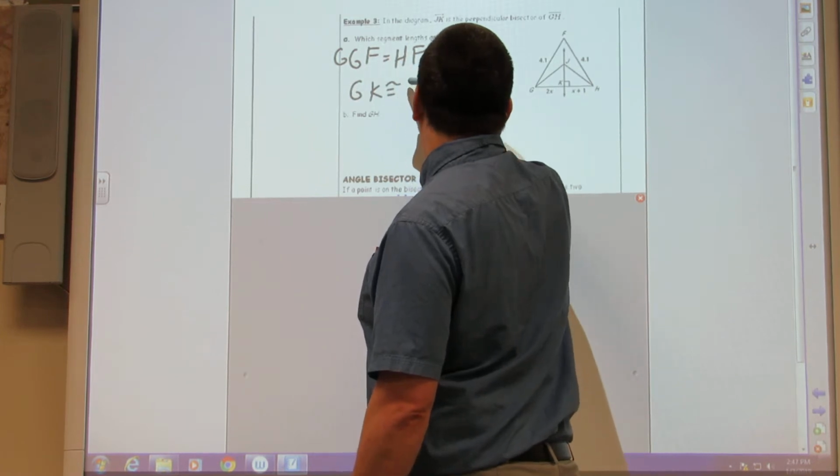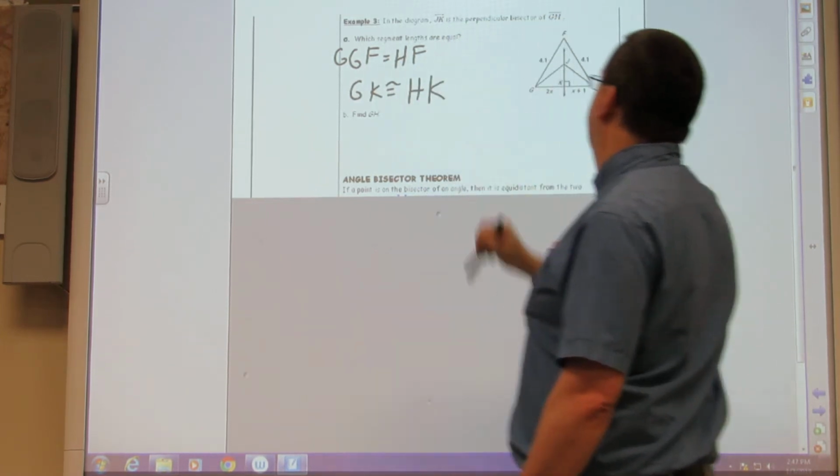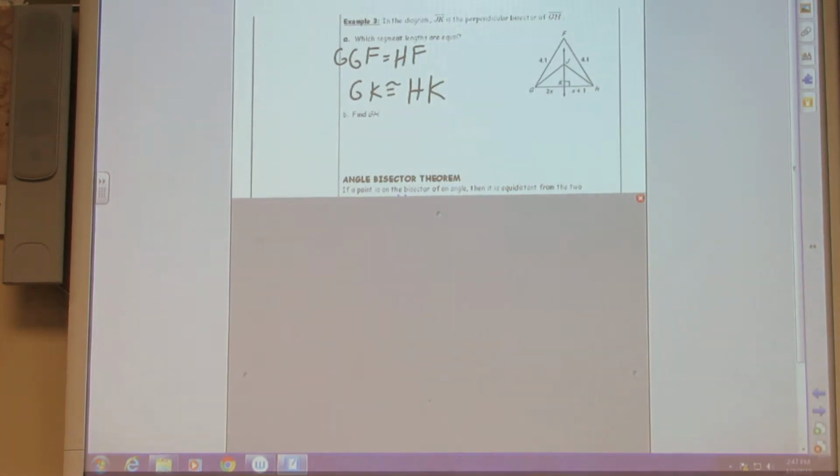GK is congruent to HK based on the definition of perpendicular bisector, and GJ and HJ are congruent based on the theorem.